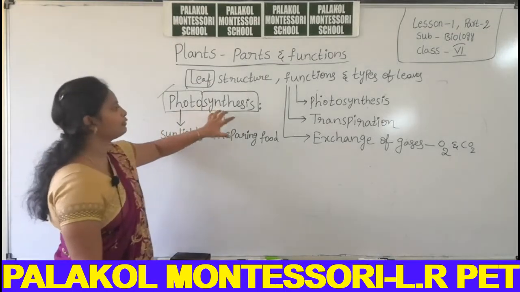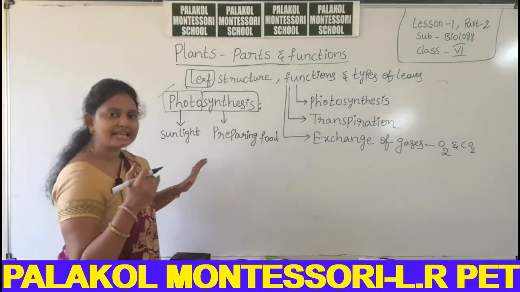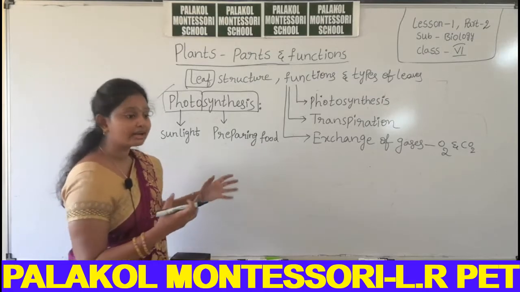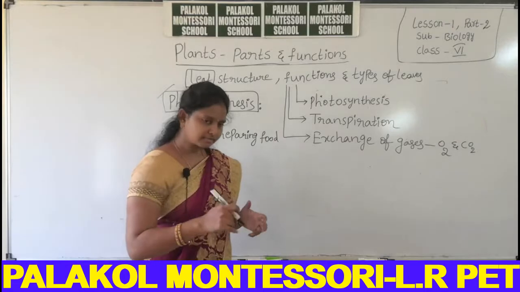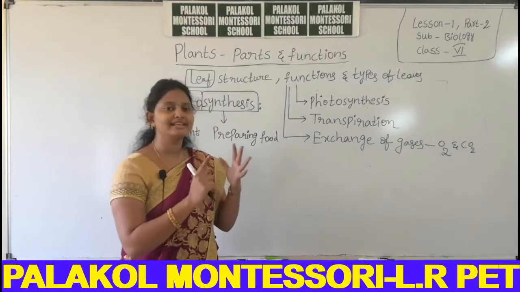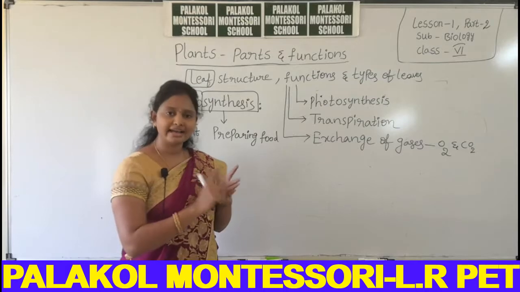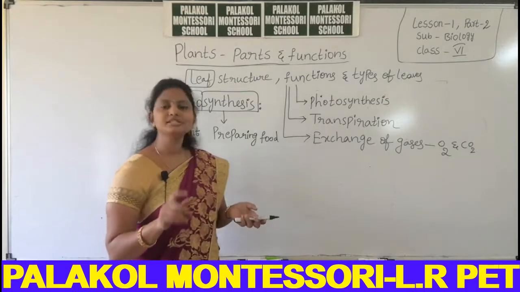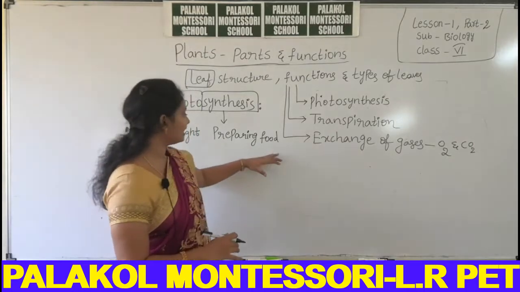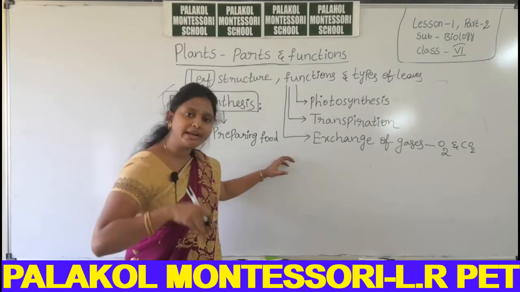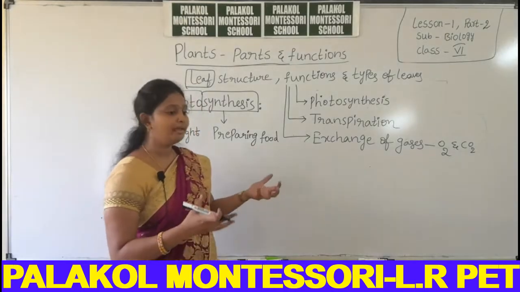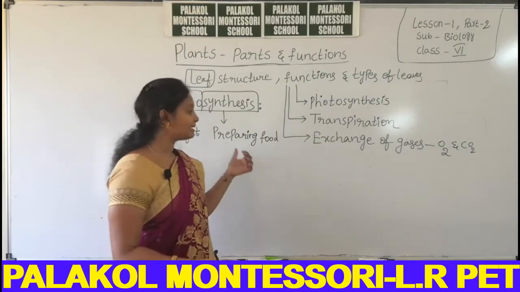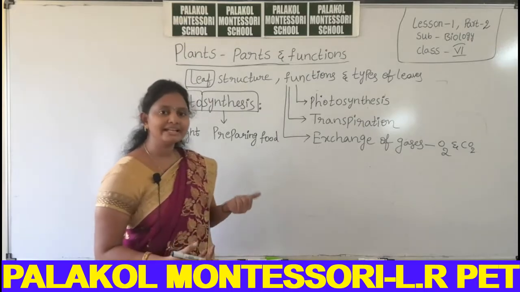Okay. In this photosynthesis, what are the factors involved in the preparation of food? What are the components? Okay, for making any curry, we want ingredients like salt, chili powder or garam masala, turmeric powder and cut pieces of vegetables etc. But here also, for preparing food in the body of a plant, they need some important materials.